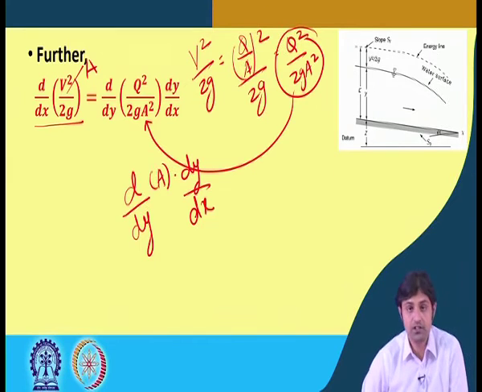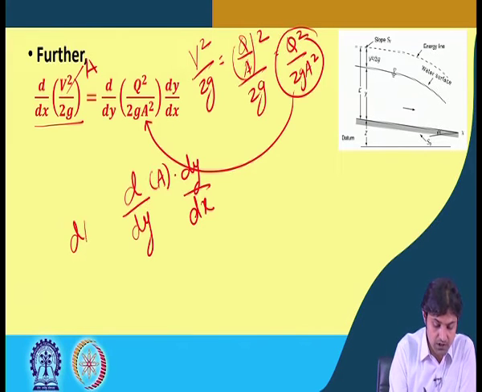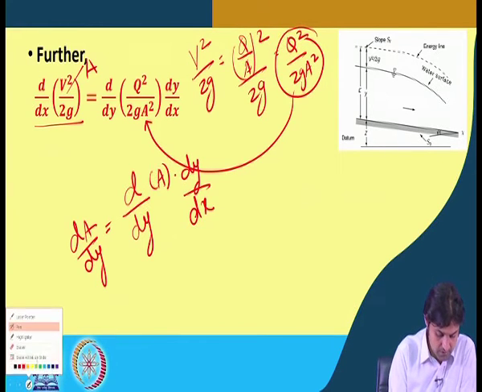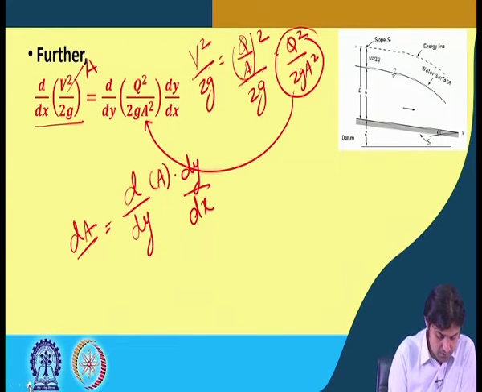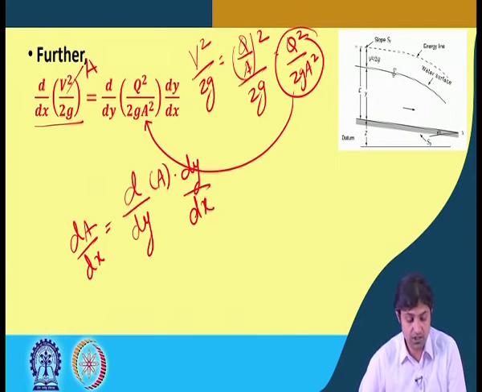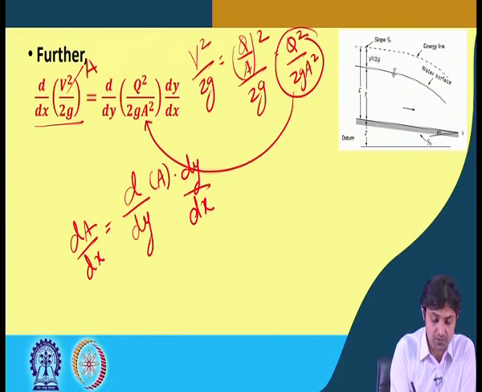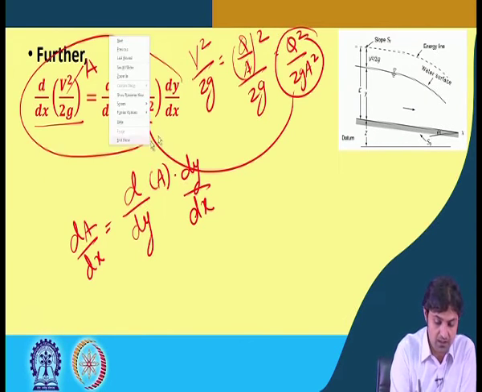This is the simple differentiation rule that you already know. So, dA by dx can be written as dA by dy into dy by dx. The same principle we have used here.